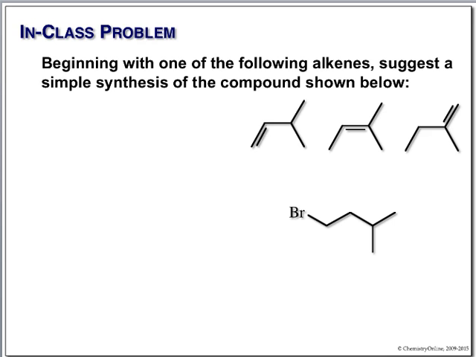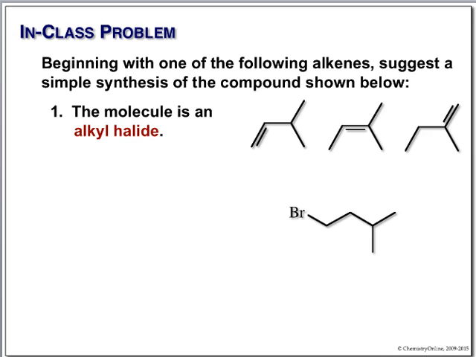All right, we look at our target molecule. What is it? Well, it's an alkyl halide again, isn't it? How many ways do I know to make alkyl halides? Two. I can do Markovnikov, or I can do anti-Markovnikov. So we need to decide, is this a Markovnikov alkyl bromide or an anti-Markovnikov?